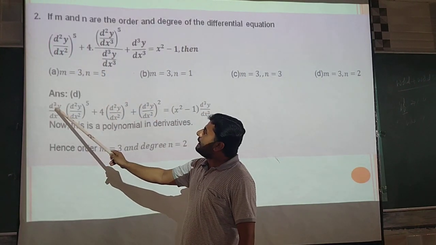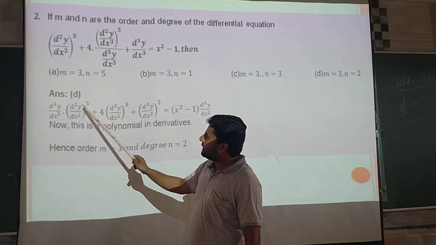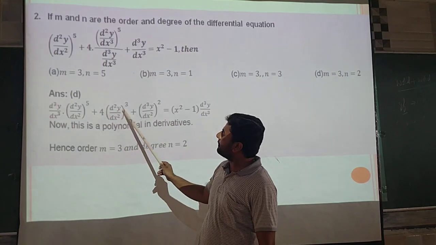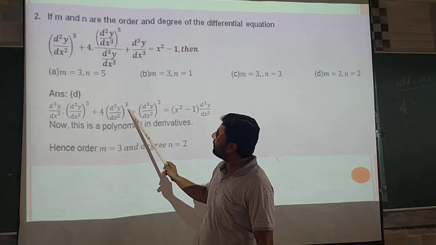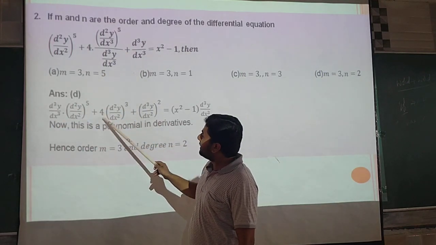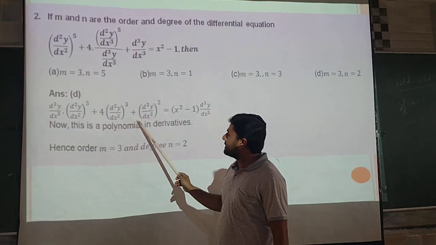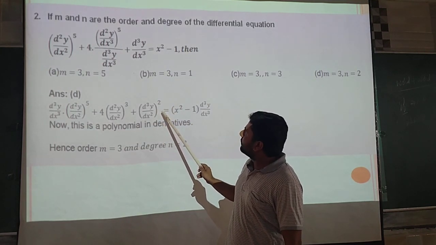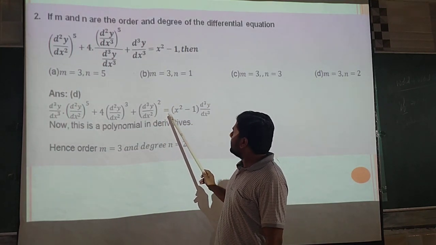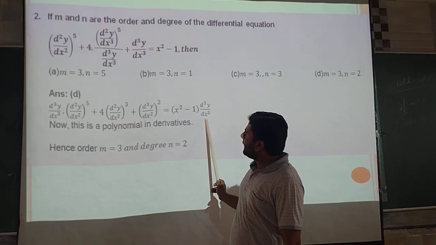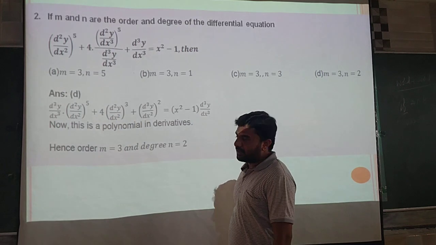So it is d cube y by dx cube into (d square y by dx square) whole to the power of 5, plus 4 into (d square y by dx square) whole to the power of 3, because we are simplifying the derivatives, plus (d cube y by dx cube) whole square is equal to (x square minus 1) into d cube y by dx cube, after multiplying throughout.